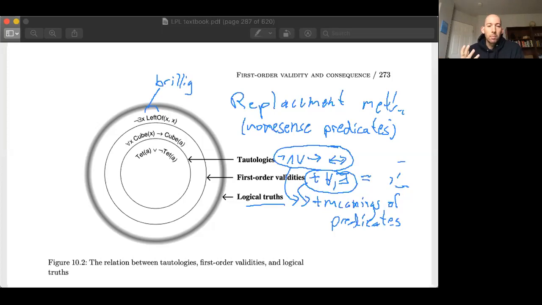If you don't know what brillig means, it's impossible, in fact, to know whether this sentence is still necessarily true. And so that means that there's something important that is being contributed by left of for you to determine that that's necessarily a true sentence. So that's the idea behind the replacement method and how that can be used to distinguish between these three different levels of validity.